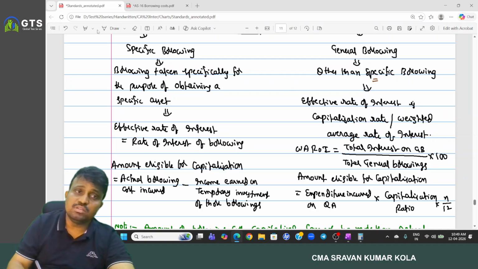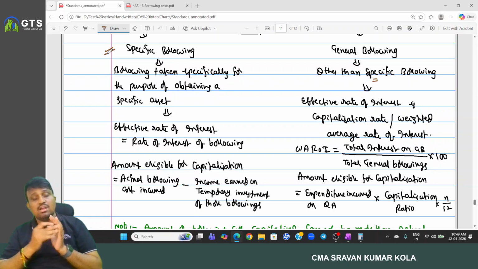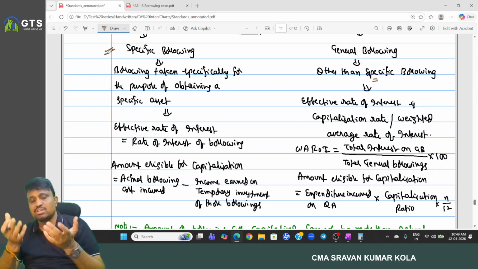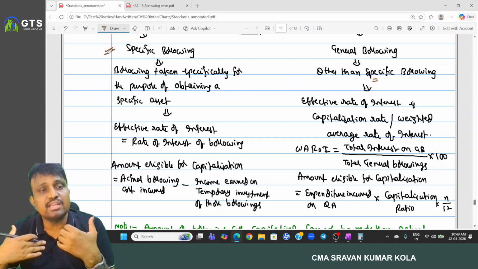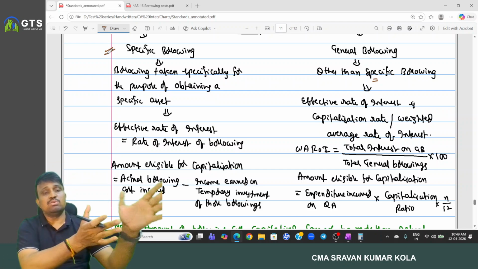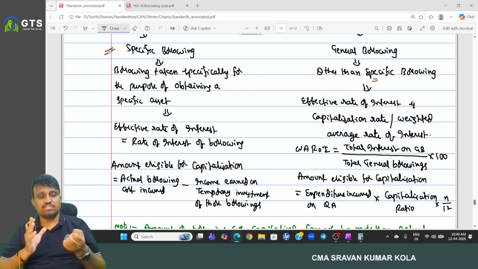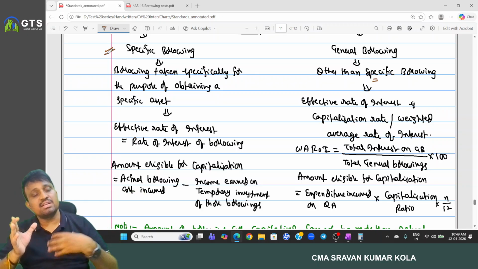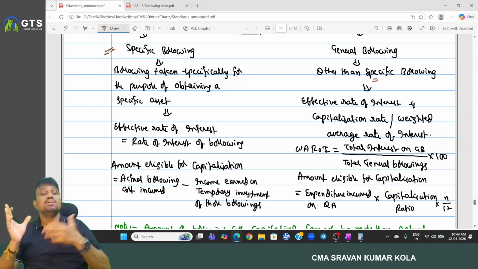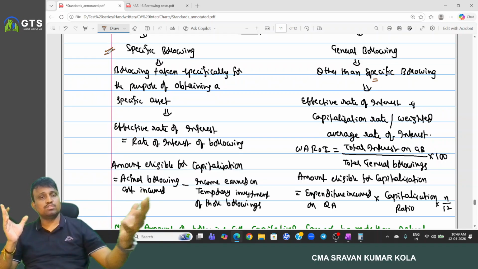For example, I took a specific borrowing of around 100 lakhs. During that period, I am not using that amount immediately, and the entire amount I will not spend. Out of that, some amount I invested somewhere as a temporary investment, and on the temporary investment, I am getting some interest income. Shall I consider that interest, and how to account for it? Generally, any interest received on an investment we transfer to P&L.